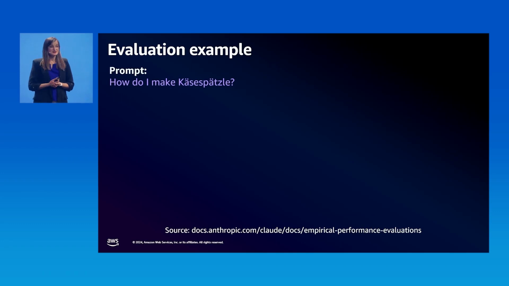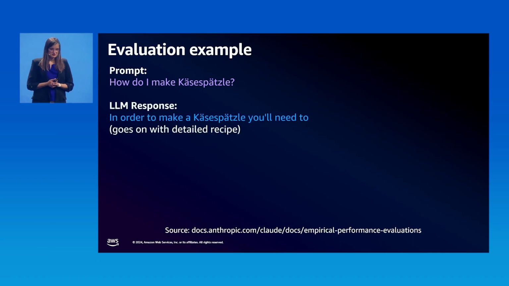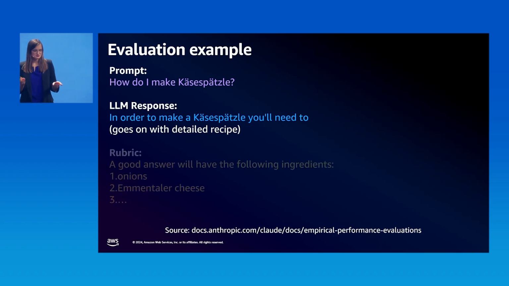If we again have this first prompt of how do I make Käsespätzle, we would get an LLM response telling us what elements and what ingredients we would have in our dish. What is interesting here is that we can utilize rubrics and define what we would like to include in the response for it to be evaluated as positive or negative.